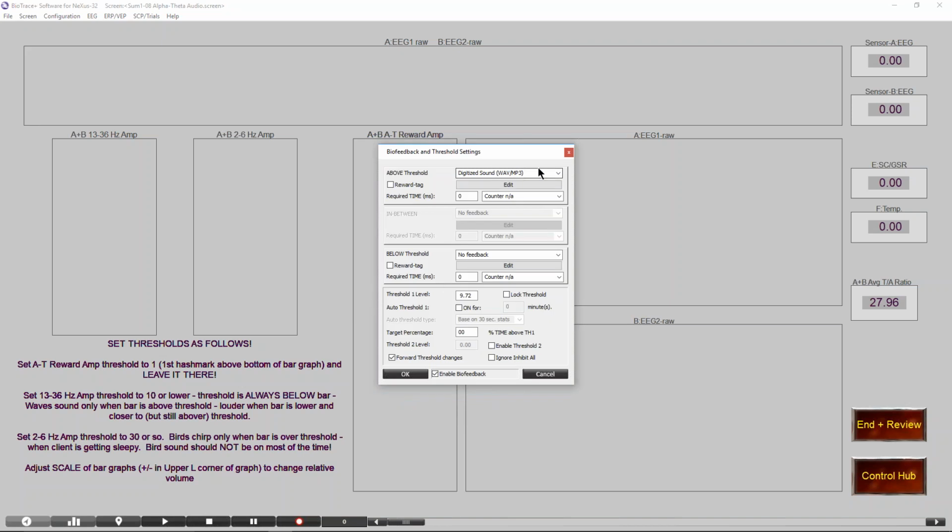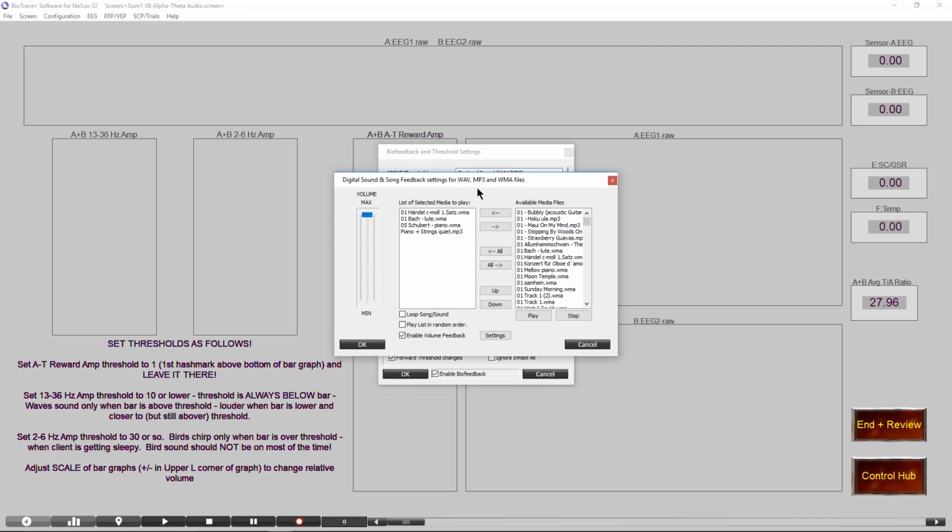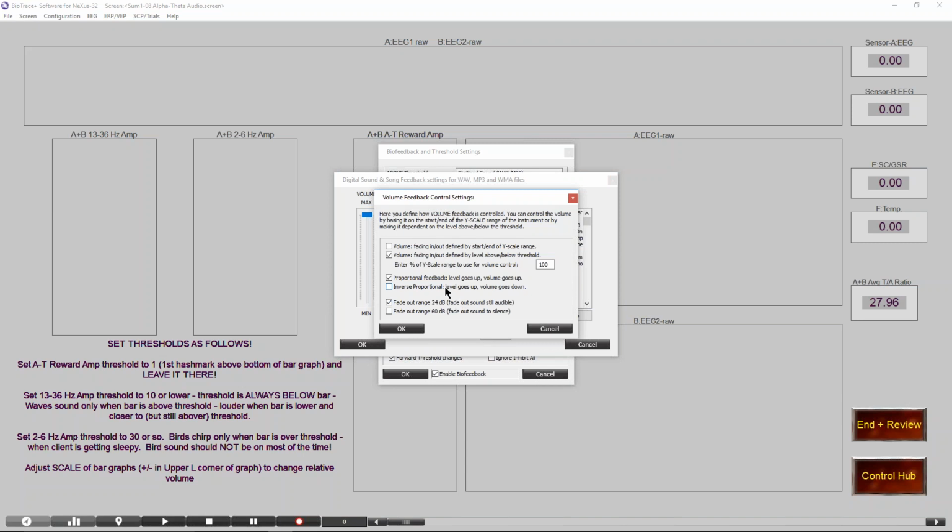This is chosen for you, but you would choose digitize sound, WAV or MP3. You'd click edit to access that and put in the files you want, choose to enable volume feedback, and then go to the settings, where you set the proportional feedback, either direct proportional or inverse proportional.